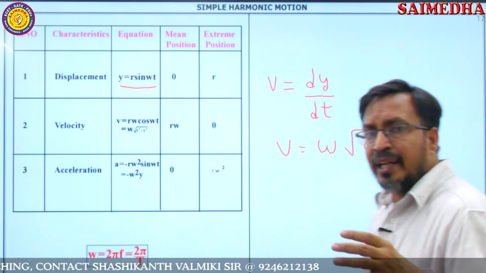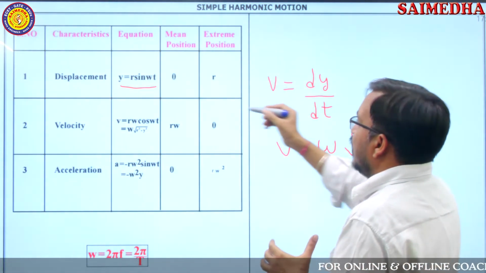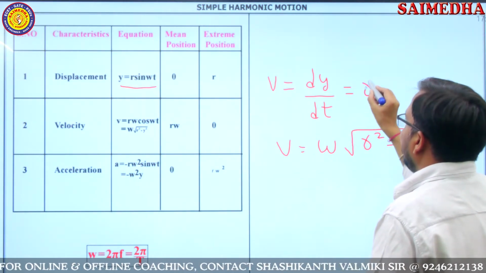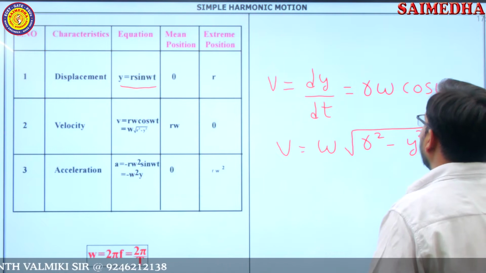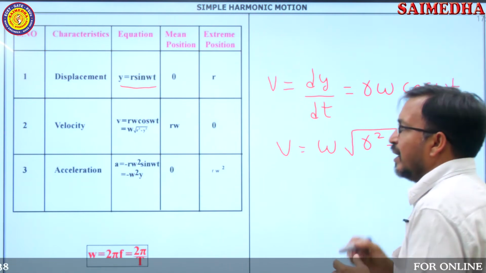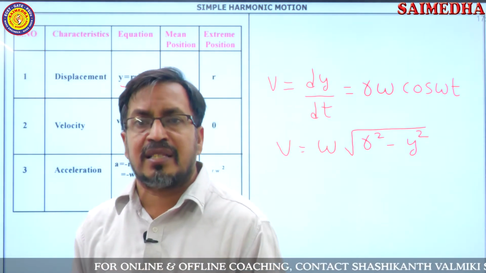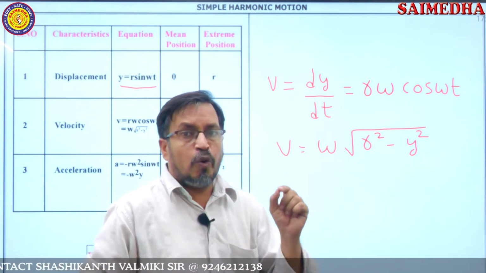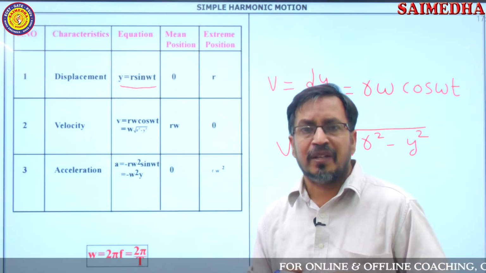If you differentiate the displacement equation with respect to time, the differentiation of sin is cos, therefore the velocity equation is r omega cos omega t. Students, remember these very important equations. The velocity equation in terms of cos is r omega cos omega t, and in terms of displacement it is omega into under root of r square minus y square.